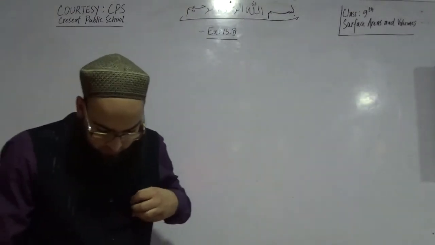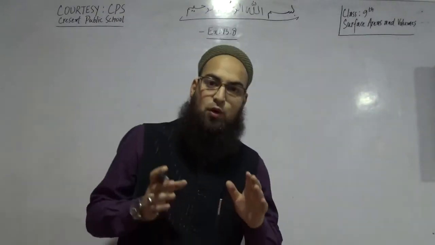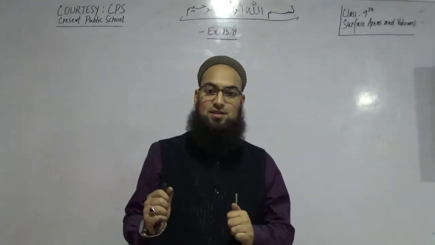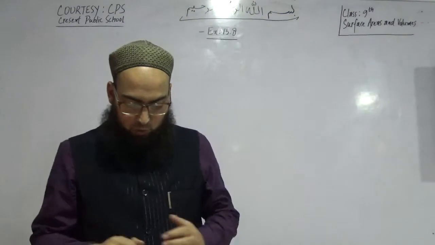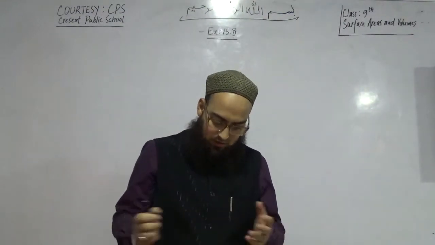Find the volume of the sphere whose radius is 7 centimeter. Now in this exercise you have to deal with sphere and hemispheres and the volume of these figures. Volume of sphere is 4 by 3 pi r cube. Radius is given, so you will get it easily.